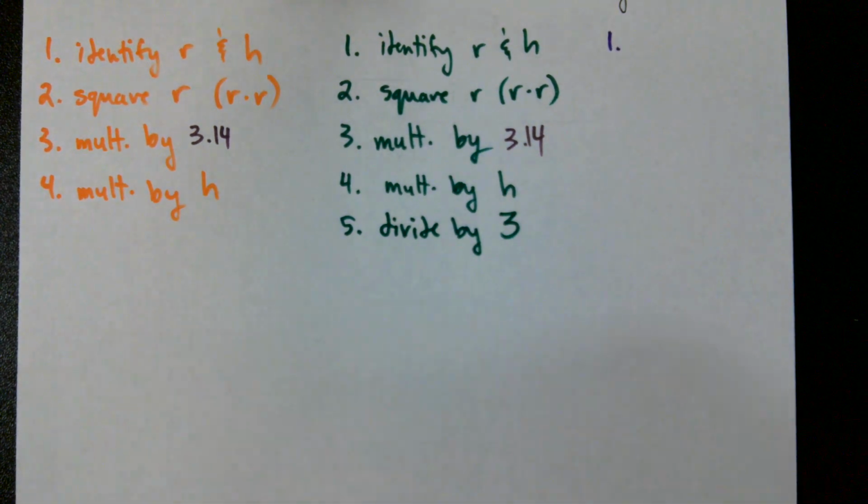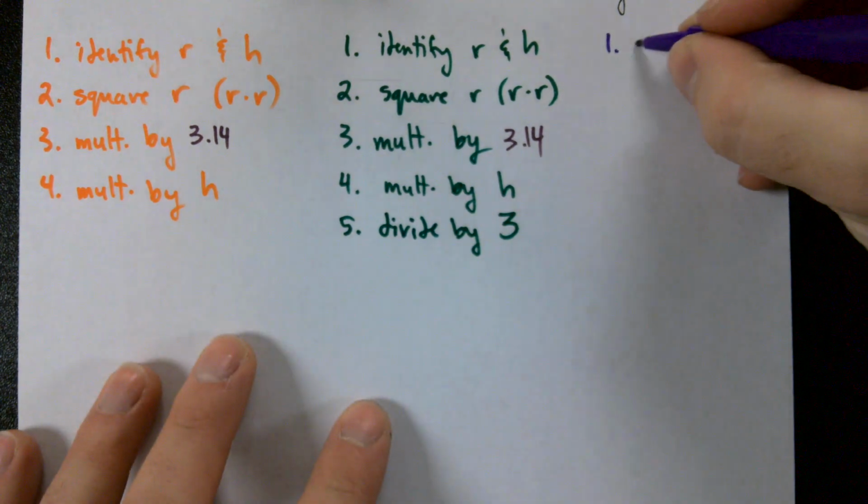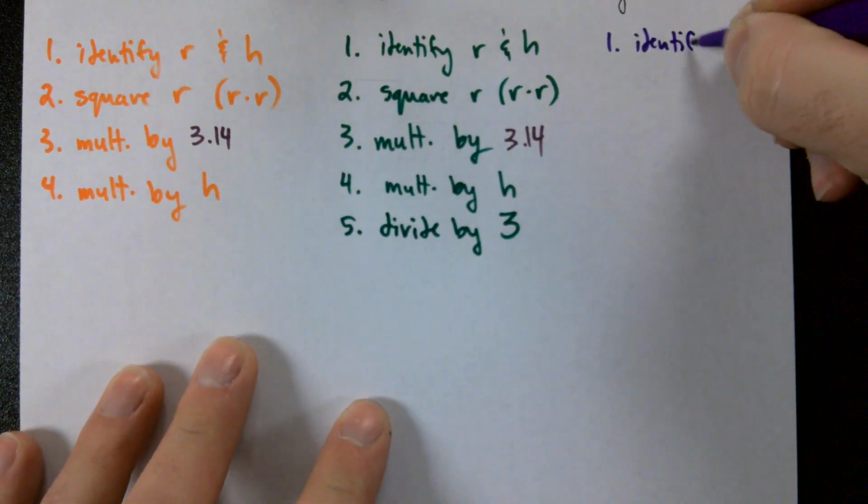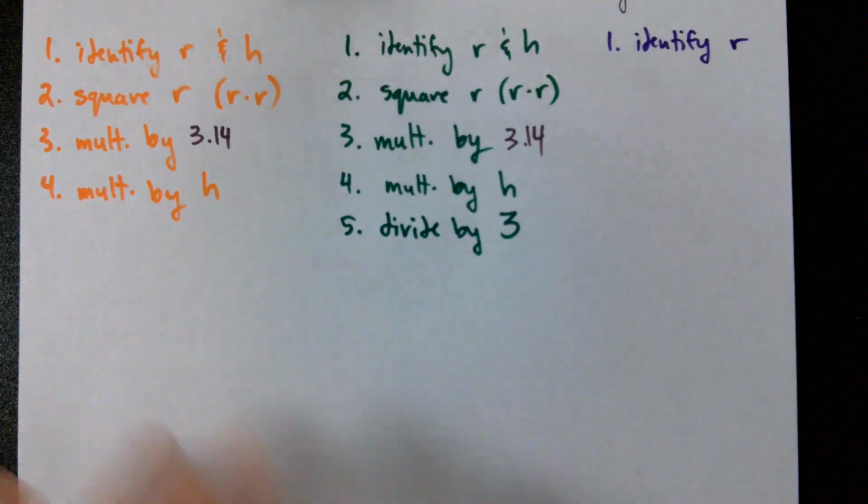We already have the steps for a sphere on the previous page, hopefully in our notebooks, but I'm going to write them down here as well, just so we could see how similar these processes are. If we remember, our first step was identify R. No need to identify the height, because that's not part of our formula. Plus, the height of a sphere is just the diameter of a sphere, if you think about it.